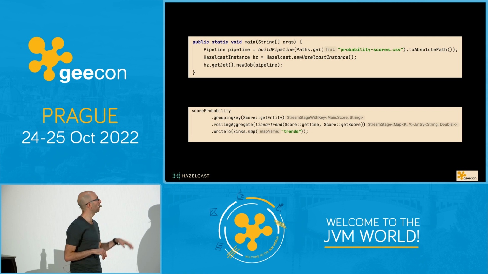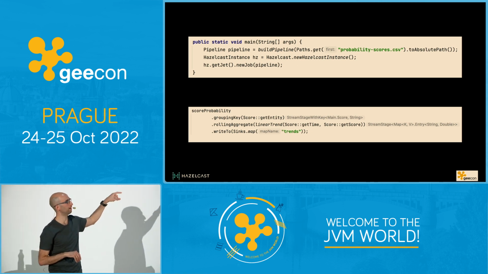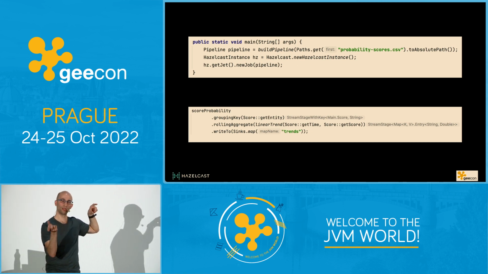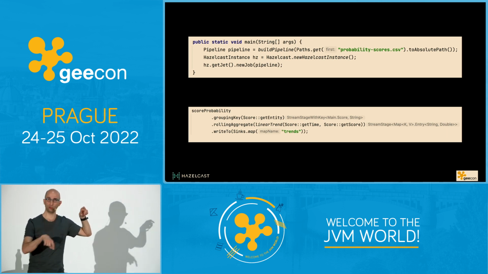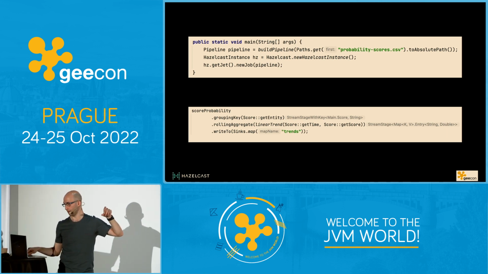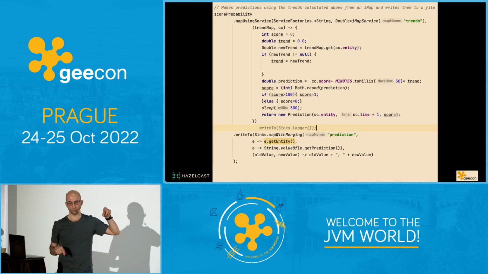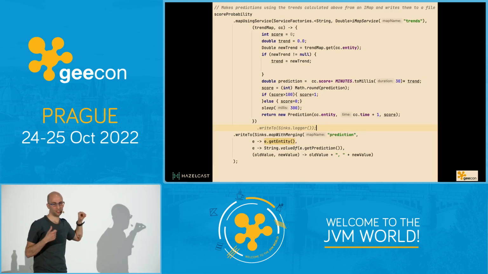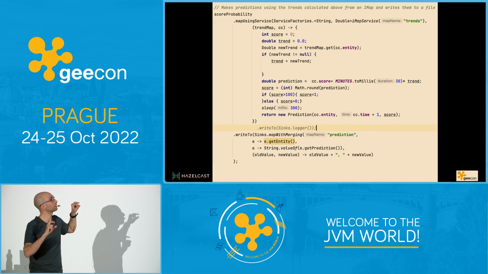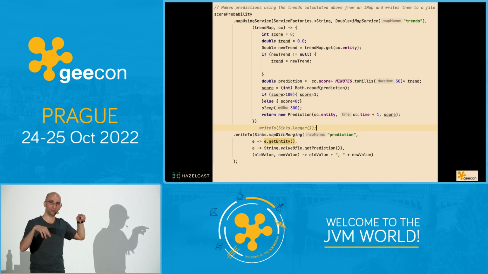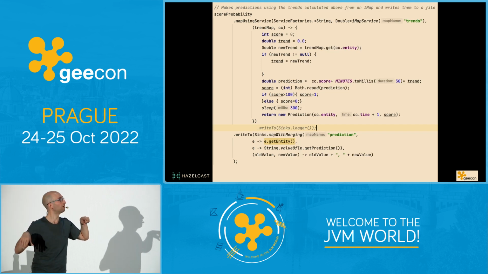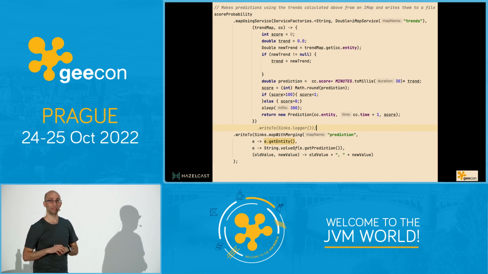And we can have a score probability where we define the trend. This will take the score, read it from your bank, and add it to a map in order to define the trend. The trend itself is a simple equation based on how I am doing. So this can be used to calculate some kind of score and give me some kind of prediction if the next transaction will be fraud or not.